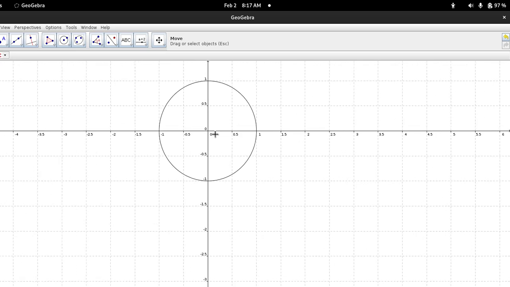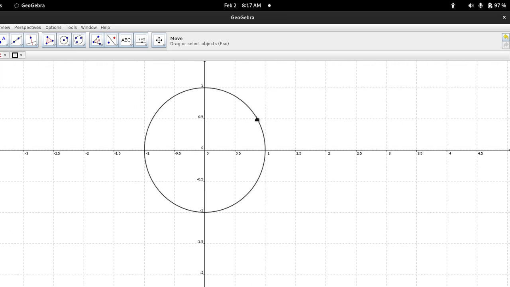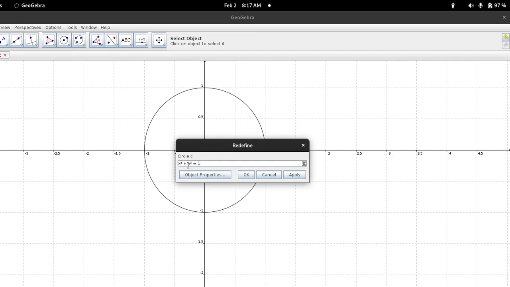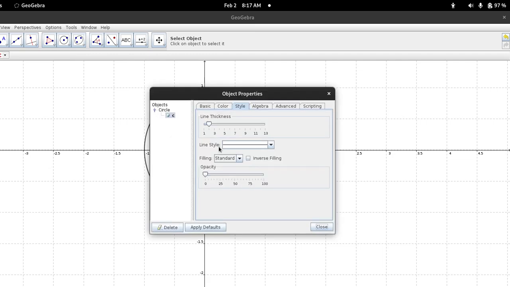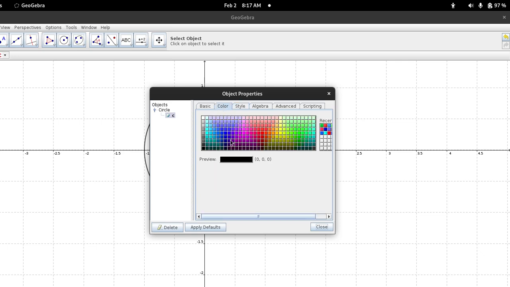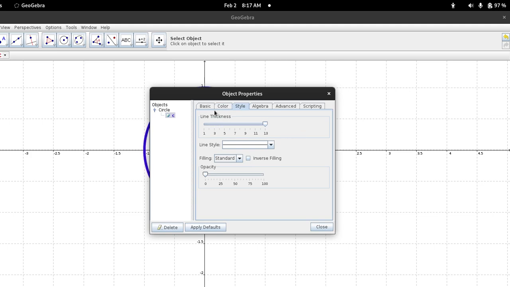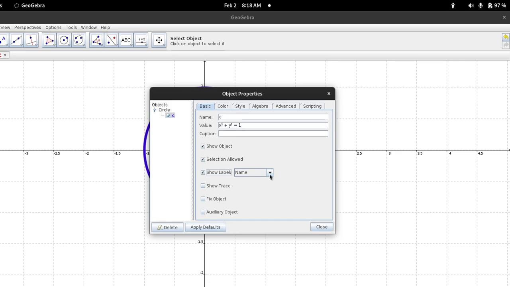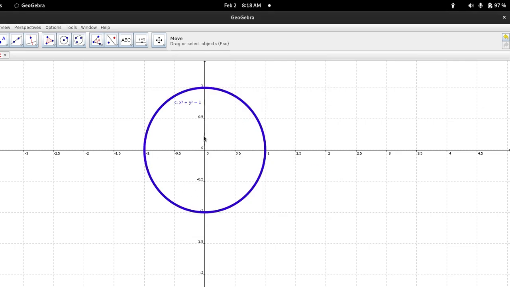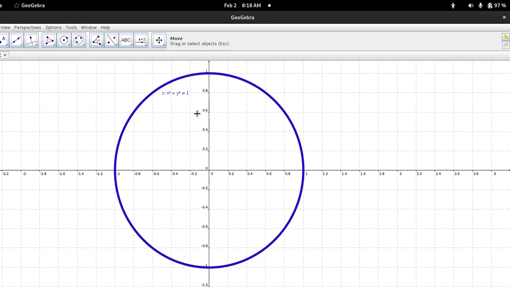Alright, so let's zoom in. So we have this circle, x squared plus y squared is equal to 1. Let's make it blue and change the thickness. So this is our circle.